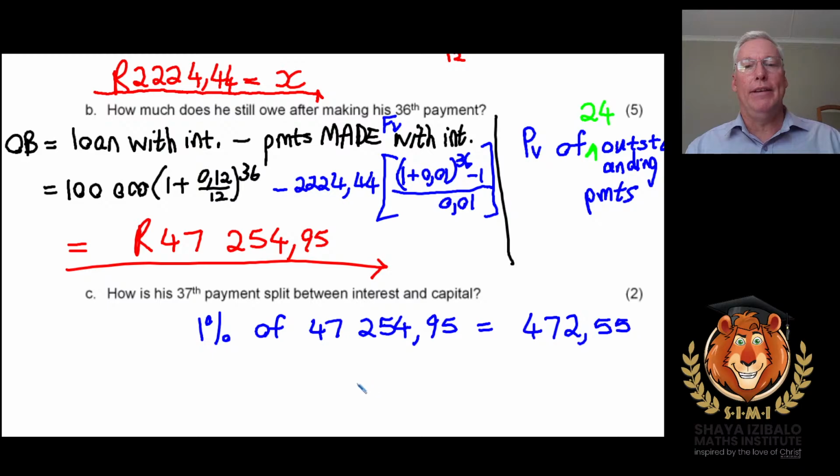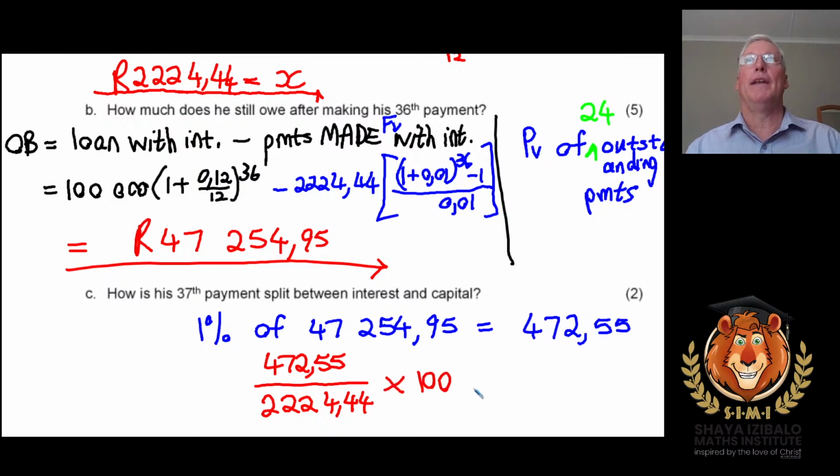So as a percentage, he's going to pay 472.55 out of his payment of 2224.44 multiplied by 100. All right. And what we get is 21.24. And that's 21.24%. And that is interest.